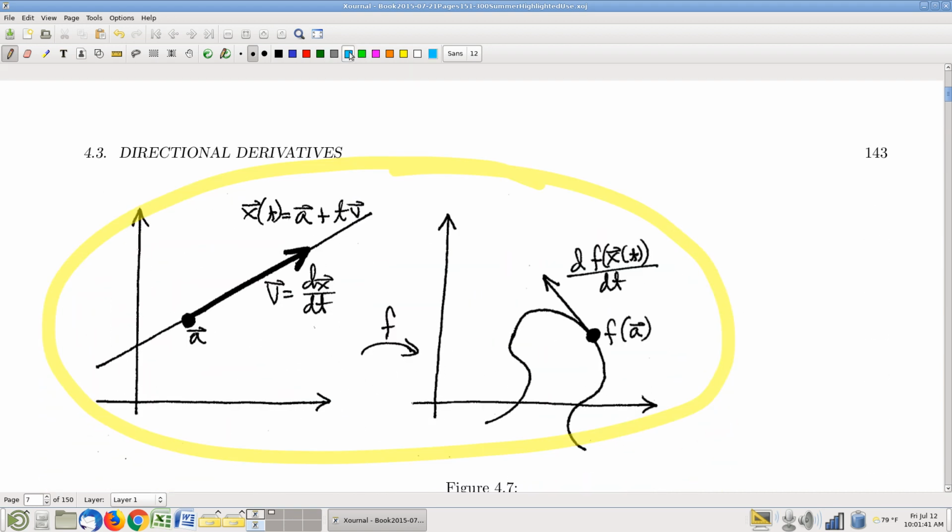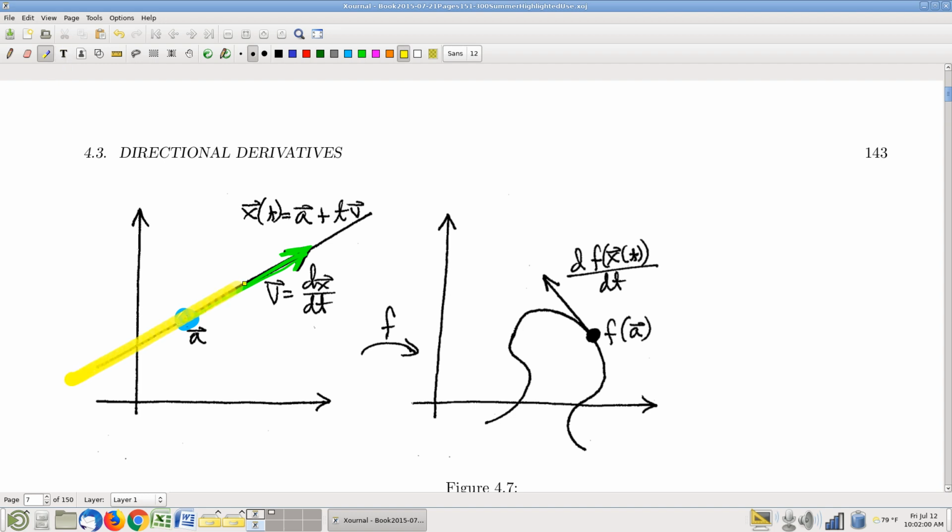Okay, if I'm at this point A and moving with velocity V, I can actually kind of make that happen with a parametric curve. Here it is, the parametric curve that is at A moving with velocity V. I could just write a parametric line that starts at A and is moving with velocity V, and I know all about parametric lines.